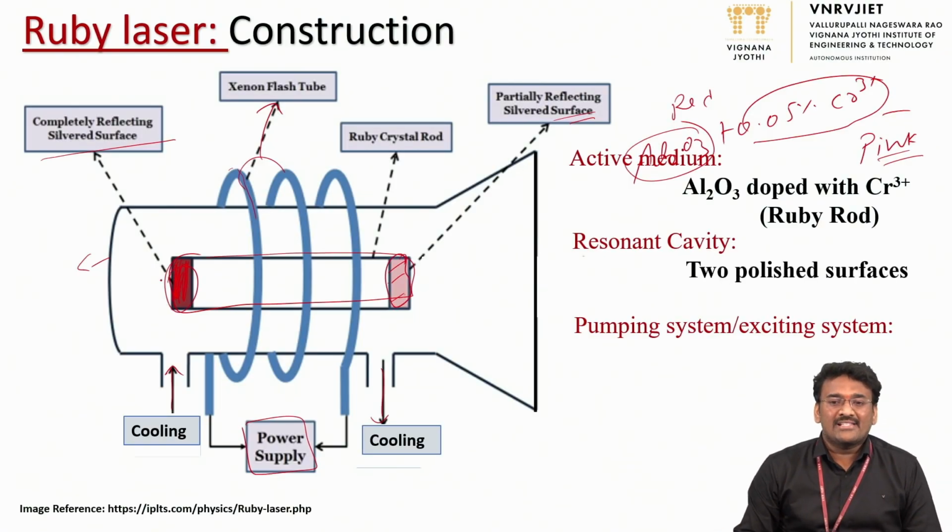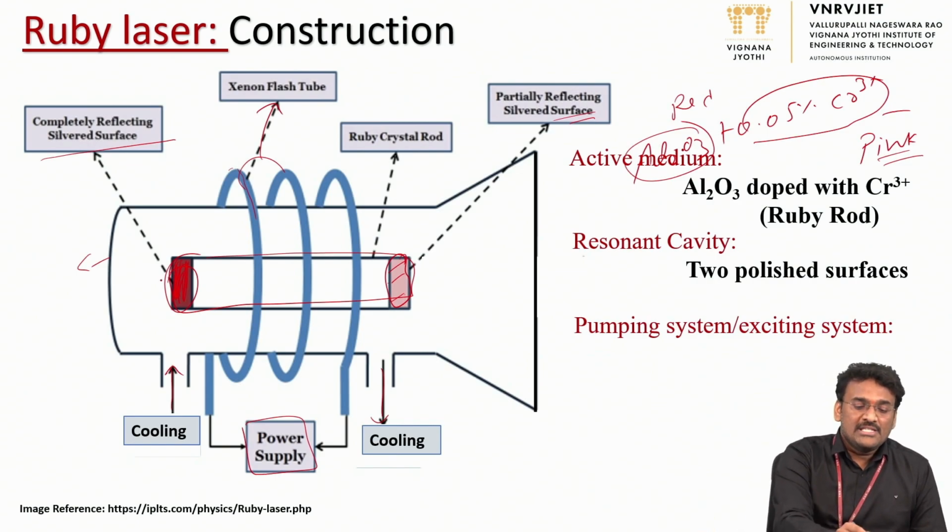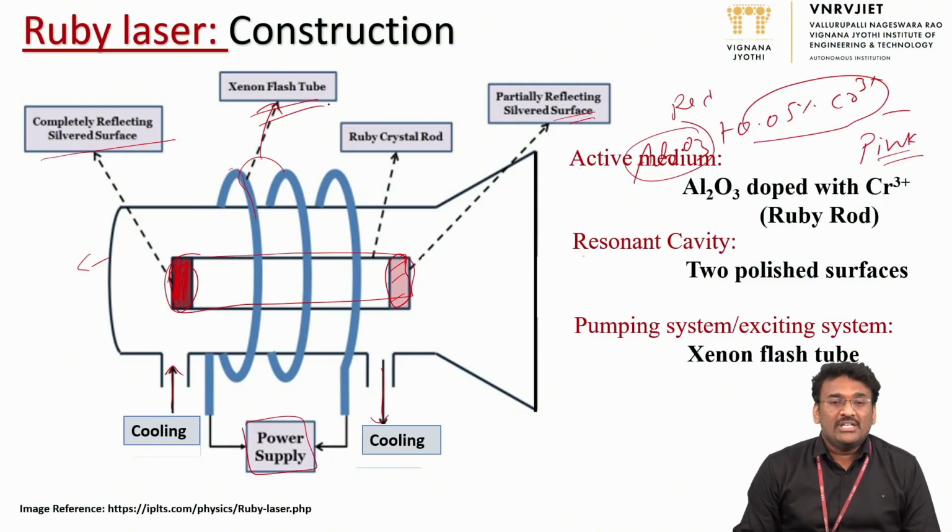These two polished surfaces act like a resonant cavity. And the pumping system: we excite the particles by using the xenon flash tube, so we are using the xenon flash tube as the pumping or exciting system. This is the construction of a ruby laser.